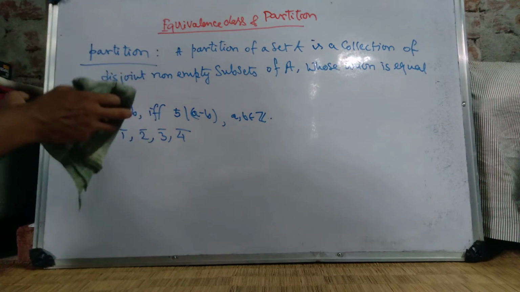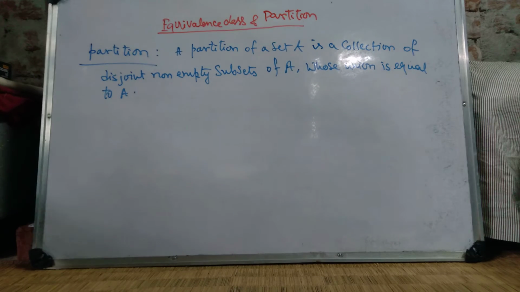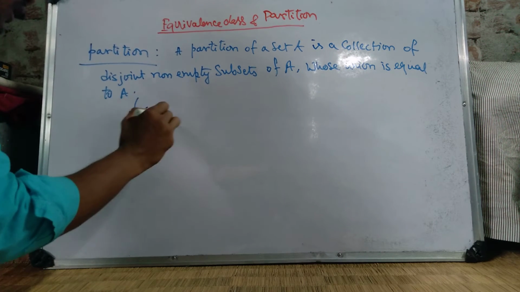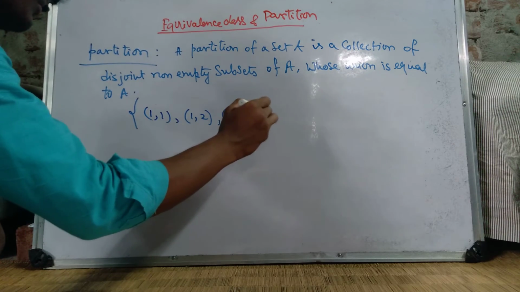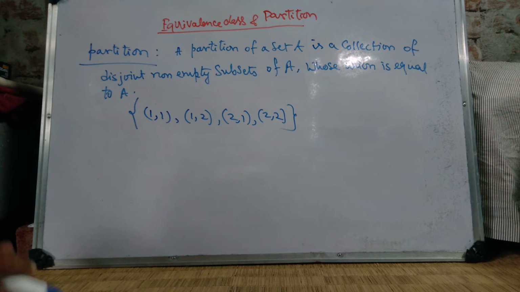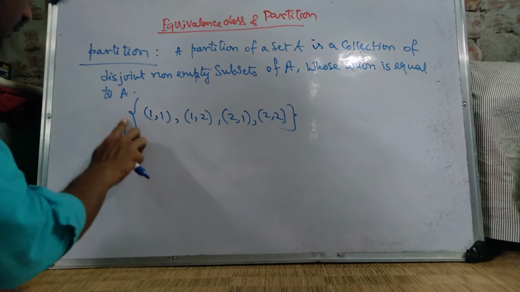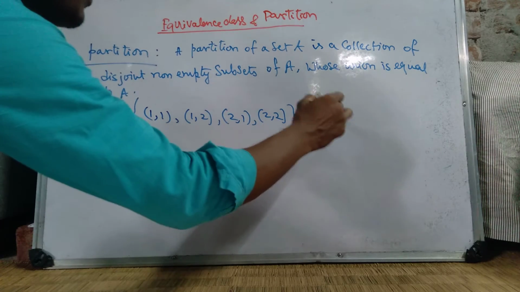Now also we determine another trivial example: the relation (1,1), (1,2), (2,1), (2,2), with A equal to {1, 2}.